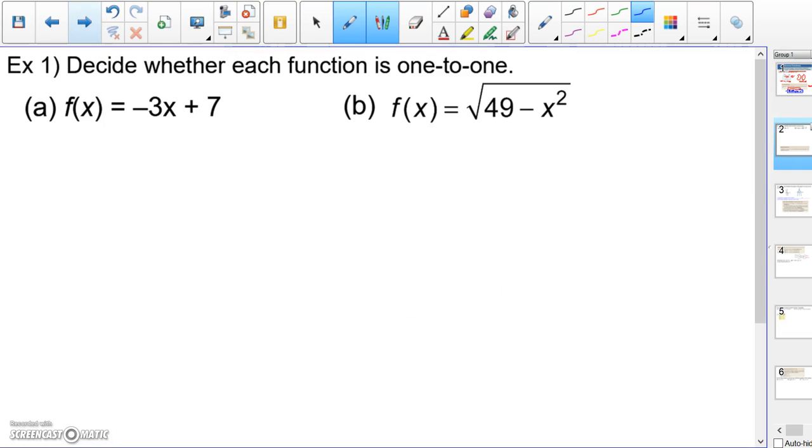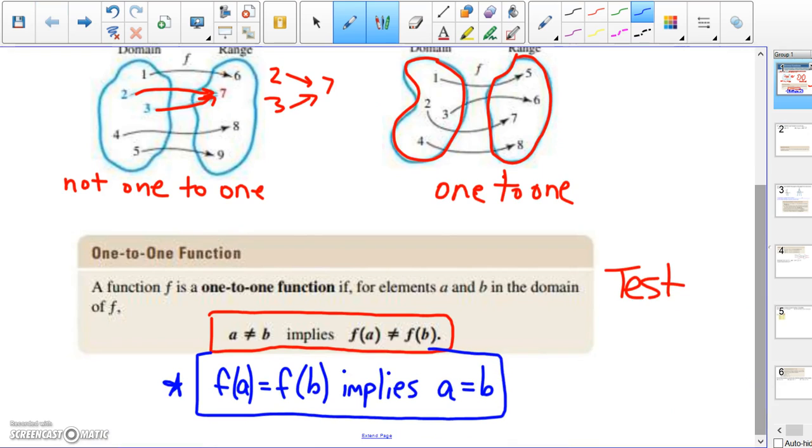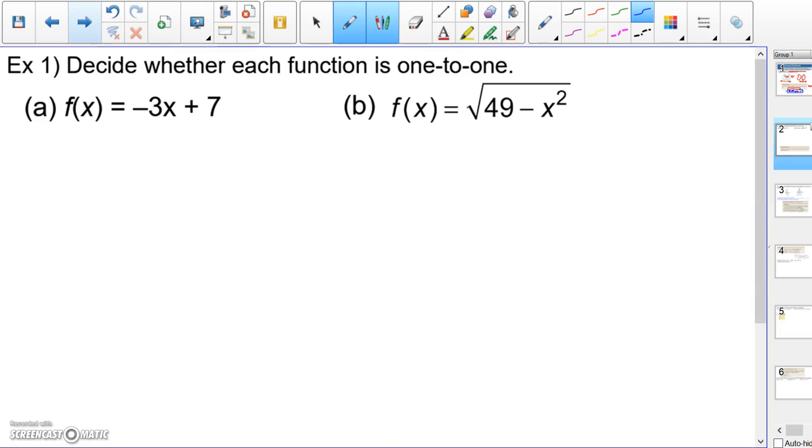So example 1 says decide whether each function is one-to-one. And so what we're going to do is go back here and look at this blue box. We're going to say f of A equals f of B, and then we're going to see whether or not A equals B. So let's just say that f of A, okay, f of A means plug in A, you'd have negative 3A plus 7. And then let's do f of B. F of B equals negative 3B plus 7.